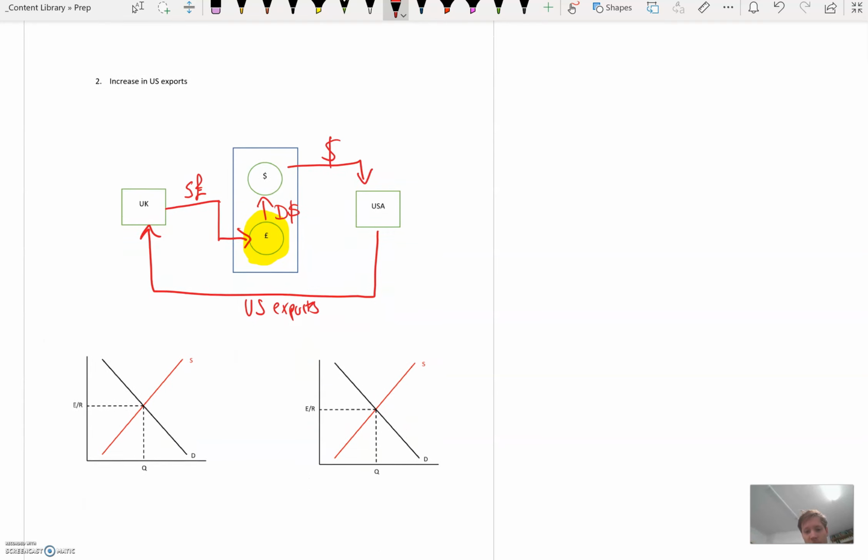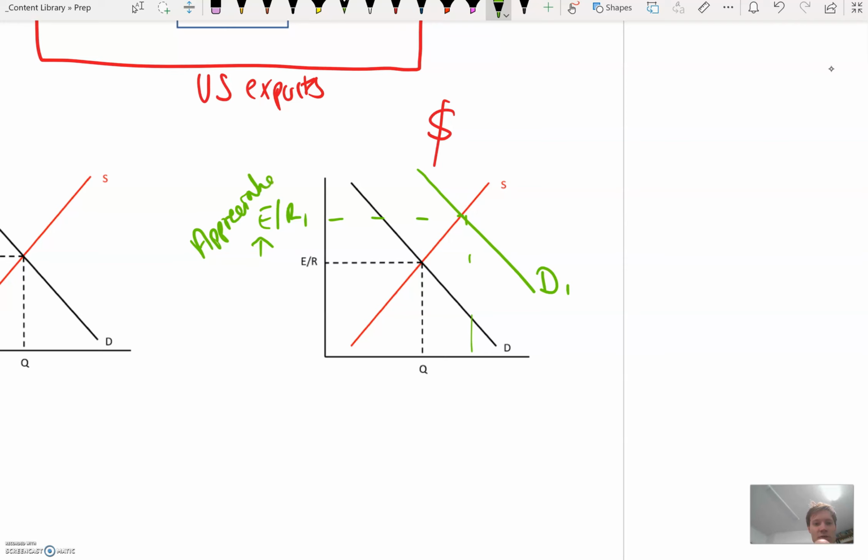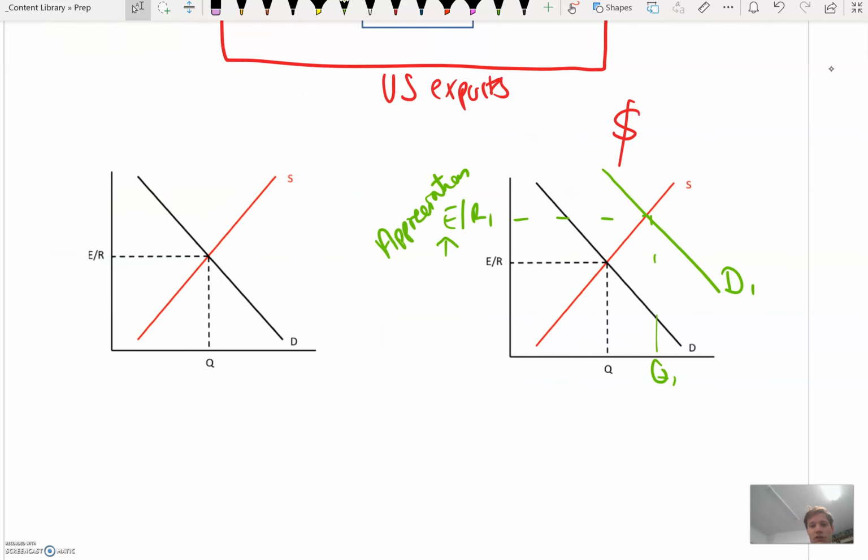The result of that is in the market for the dollar, there's going to be an increase in the demand, just as we saw with the increase in the demand for the pound last time. And that is called an appreciation. Similarly, in the markets for, I should put the price of dollars in pounds, quantity of dollars.